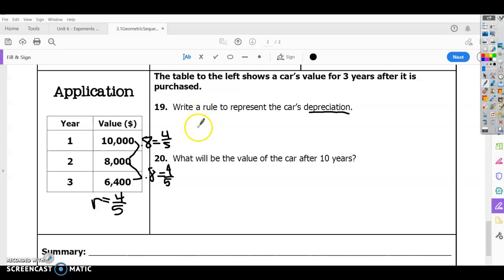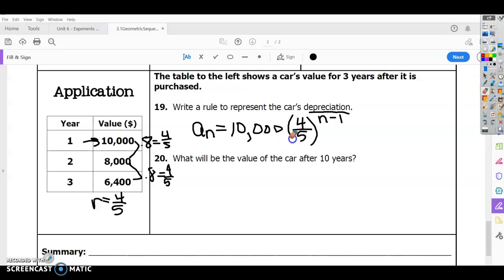We have a sub n equals our first term, 10,000, times r, our common ratio, 4/5, raised to the n minus 1.